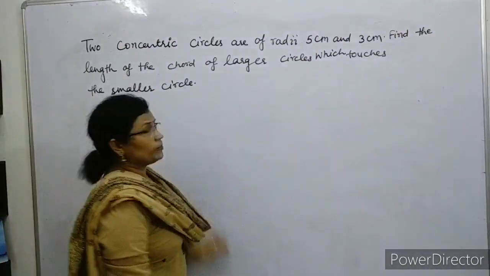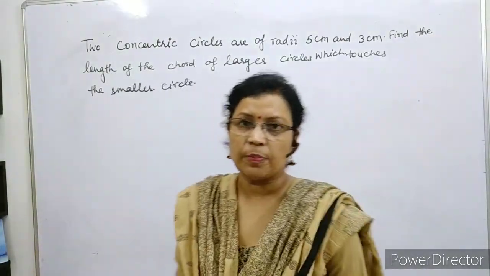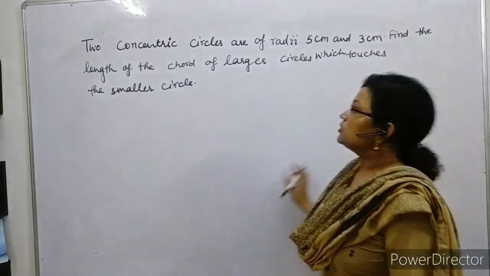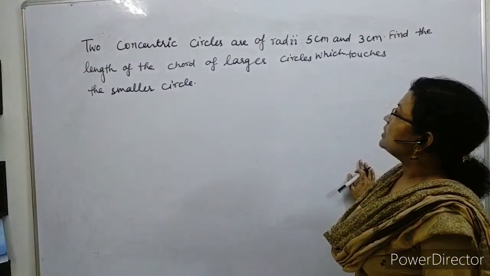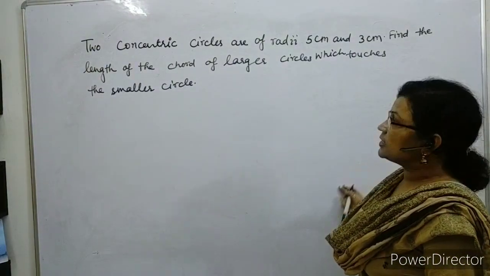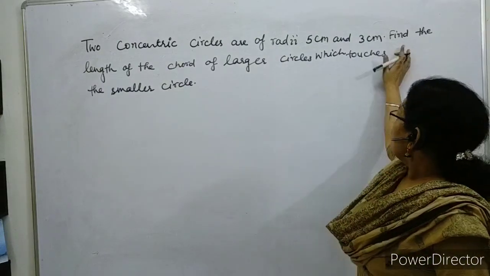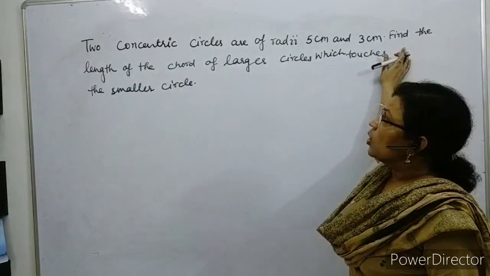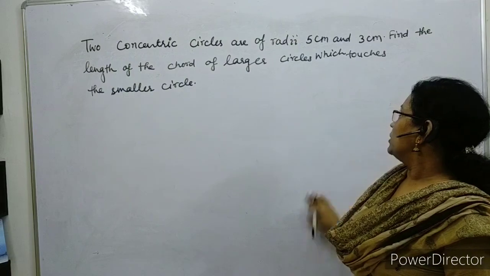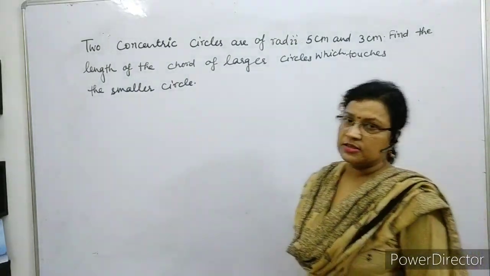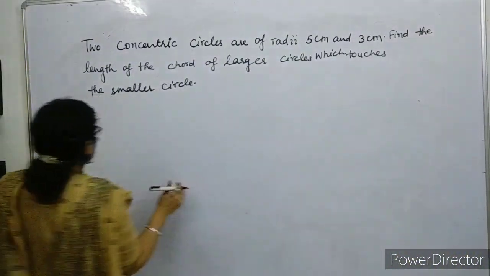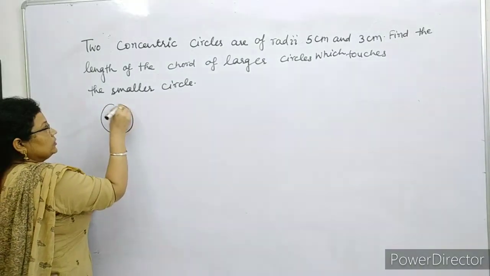Now students, one more question. We will learn this topic with the help of examples. So, 2 concentric circles of radius 5 centimeters and 3 centimeters. Find the length of the chord of the larger circle which touches the smaller circle. So here first we will draw the diagram.